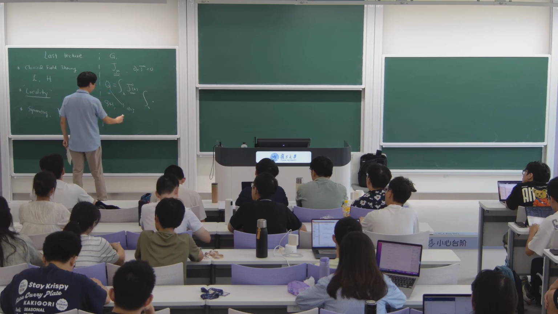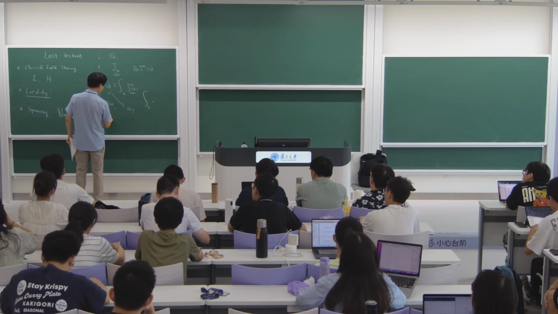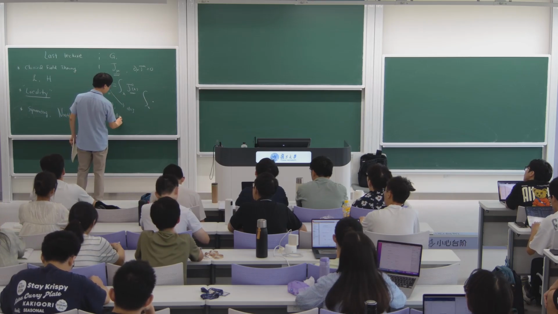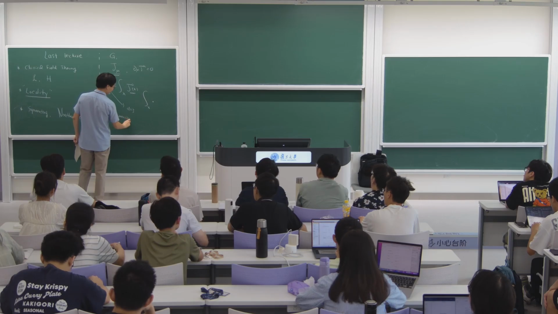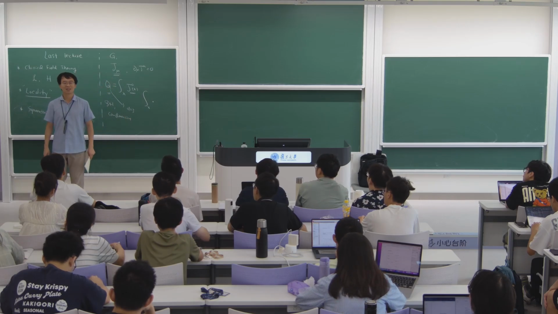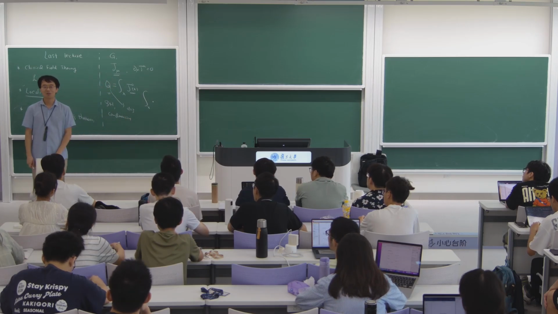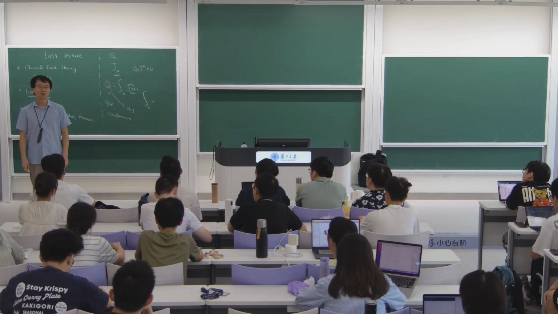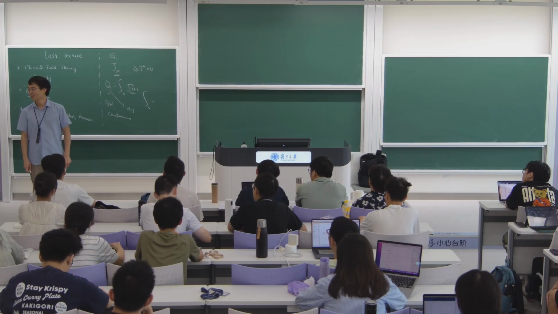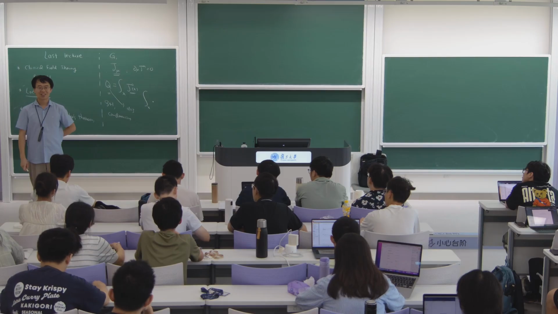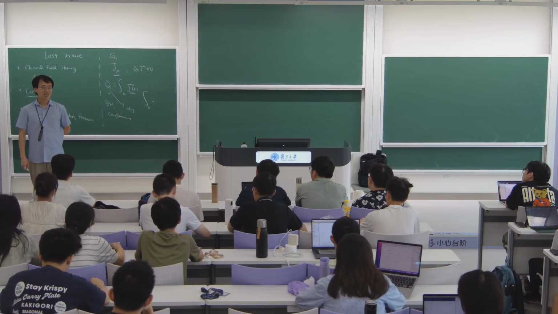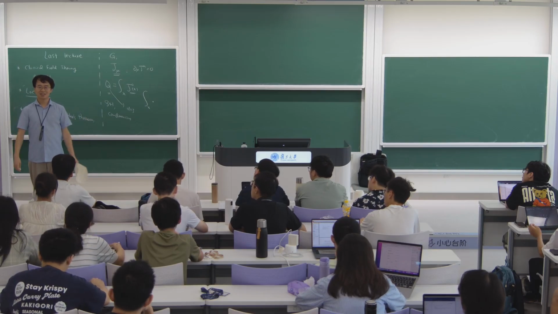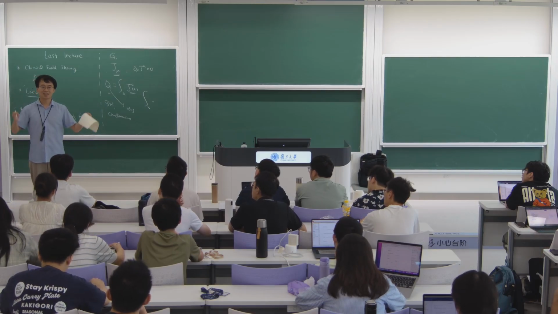In more fancy language, the dimension is described using the codimension. Do you know what codimension is? Does anybody not know what codimension is? Codimension means I have a total space with a total dimension.